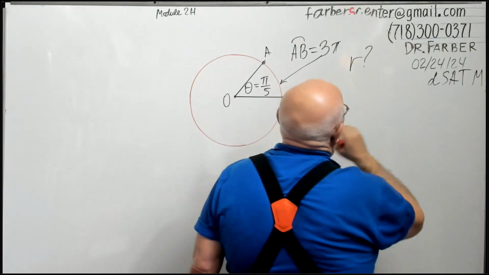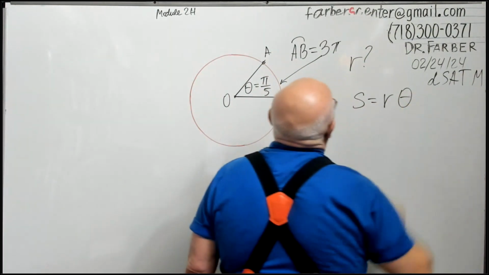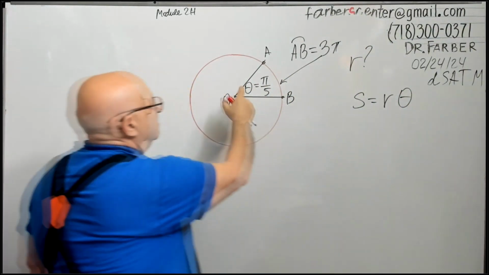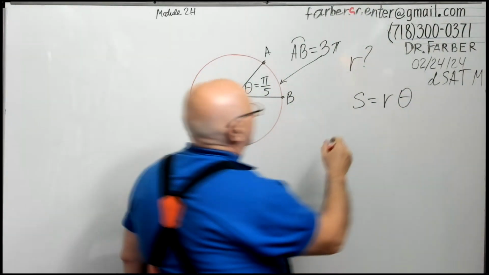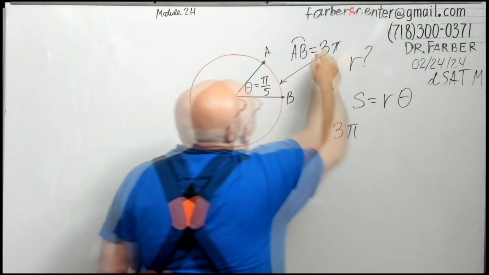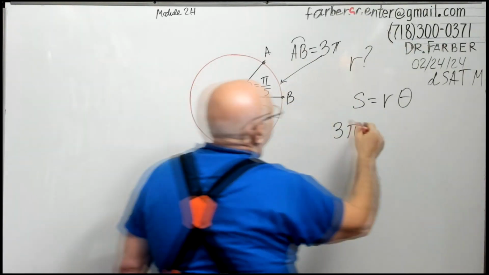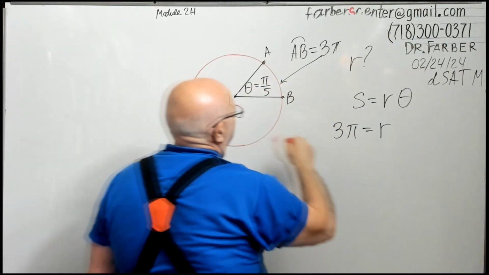We can do it in one line: s equals r theta. We have the angle in radians, just plug in. 3 pi, this length of arc, equals radius times pi over 5.